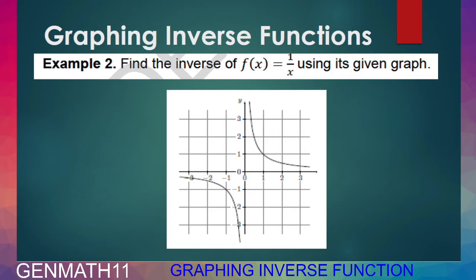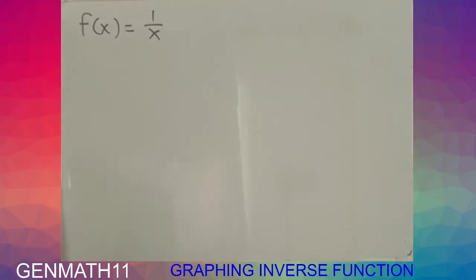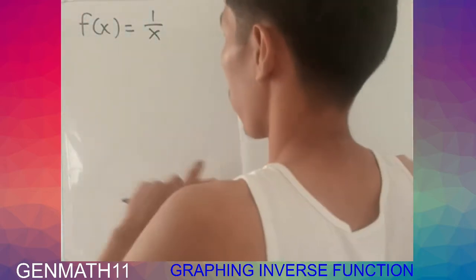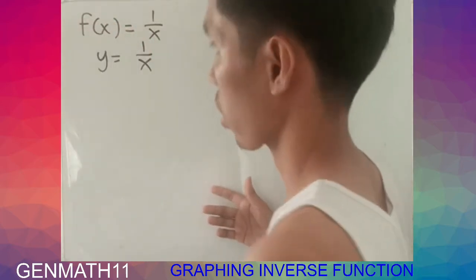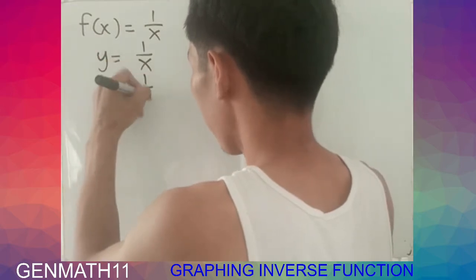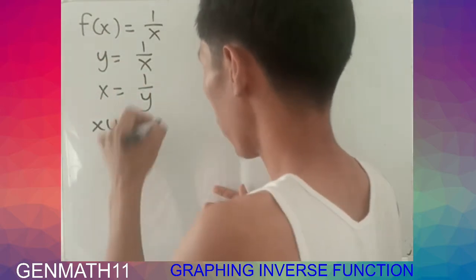Okay? So, this is the graph of our original function, and it seems we already have the inverse once graphed. So, what could be the inverse of our original function, f of x equals 1 over x? Okay. The process is still the same. y equals 1 over x. Then, interchange x and y. So, xy equals 1.